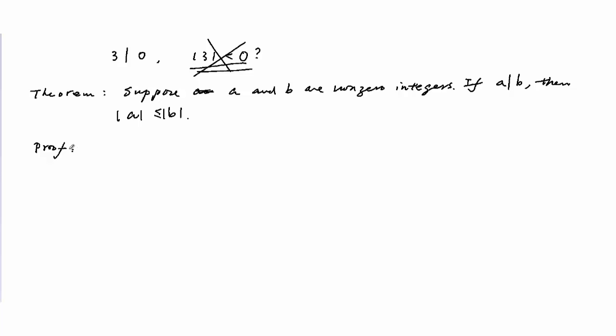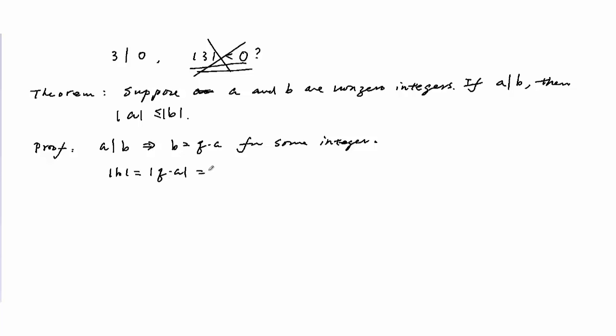Okay, so first, based on A divides B, this means B can be written as Q times A for some integer Q, right? So if you take absolute value, you get absolute value B equals absolute value Q times A, and we did this one when we studied proof techniques.